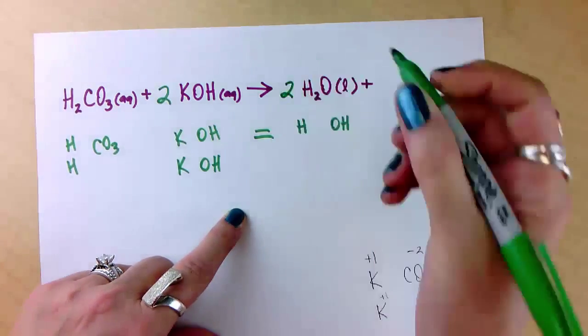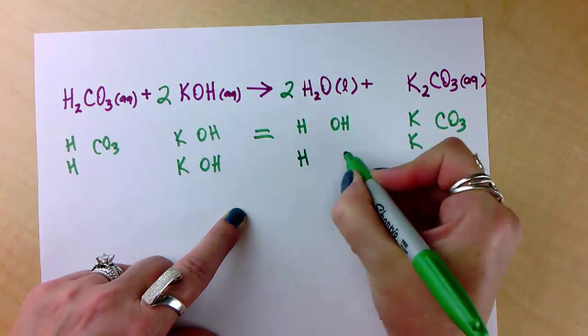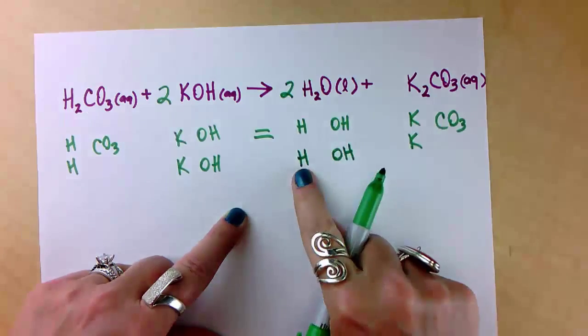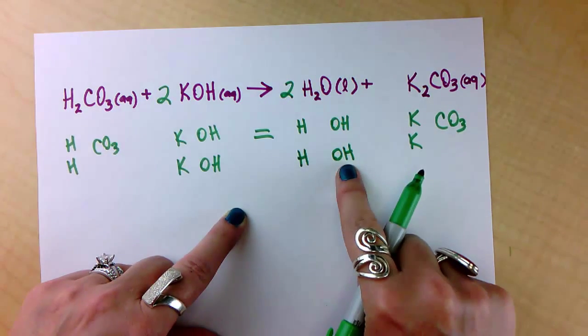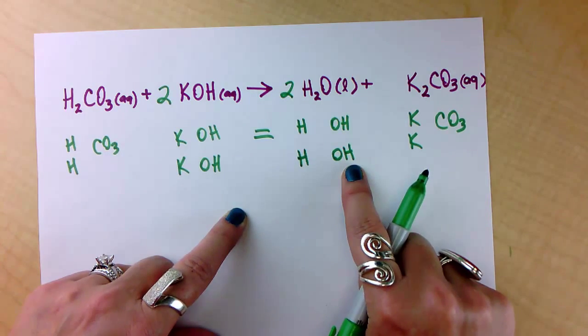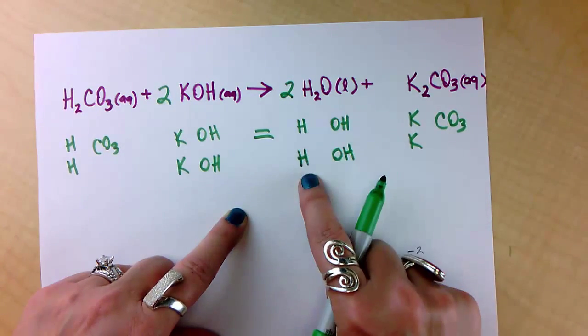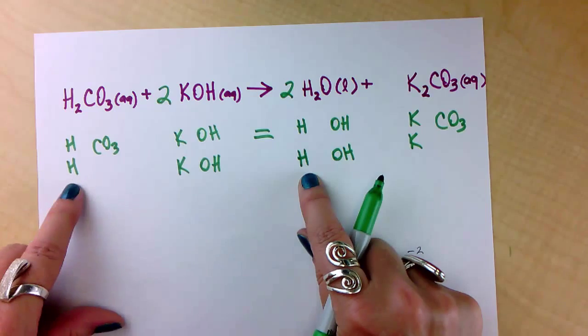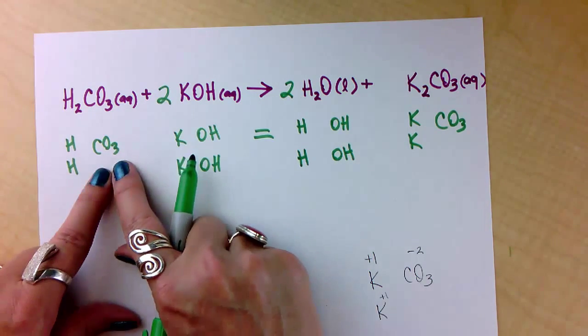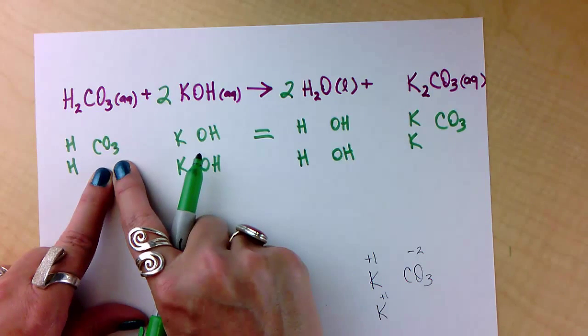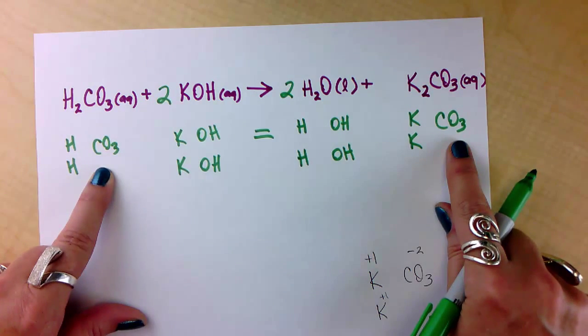You are correct if you said a 2. That gives me a second water, which in acid-base reactions only, I balance as H and OH. This gives me two H's, which is good because I have two H's on the left side. And then I have one carbonate group on both sides.